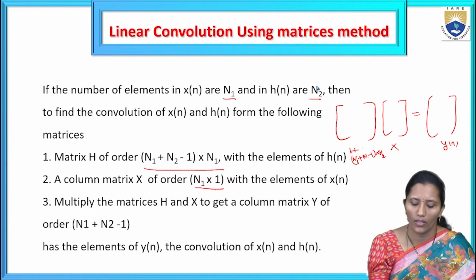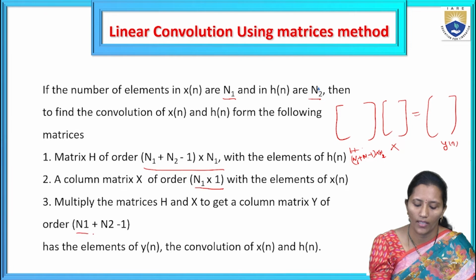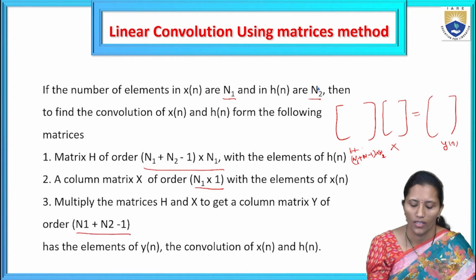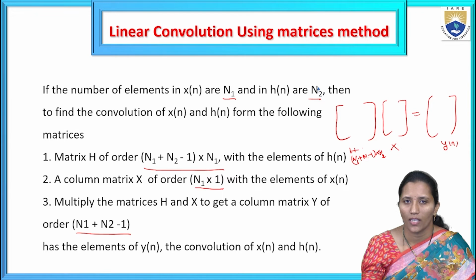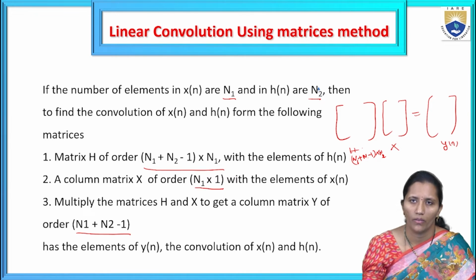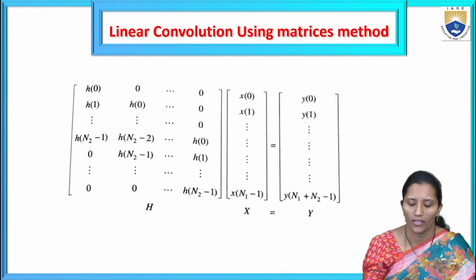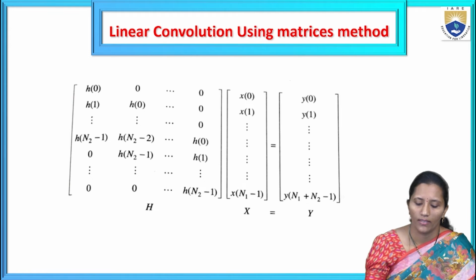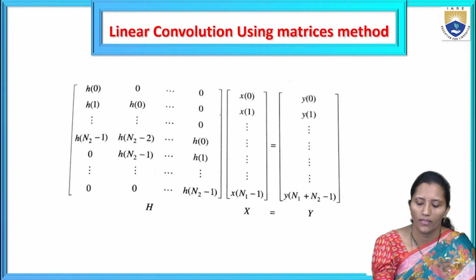When you multiply these two, you get the order n1 plus n2 minus 1. If we see one example, it will be very easy to find the linear convolution using the matrix method. Here we have to take h of n values, x of n values and y of n values.